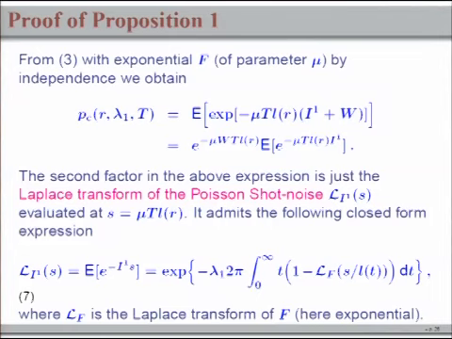So the proof is simple. Actually, as I said, having observed that f is exponential, first calculate the probability, express the probability that the exponential variable is larger than this something that we have seen before, and then take the expectation with respect to I and W. Observing that interference and noise are independent, you immediately get this product, which is nothing else than the Laplace transform of the interference calculated at this argument, which is known in closed form.